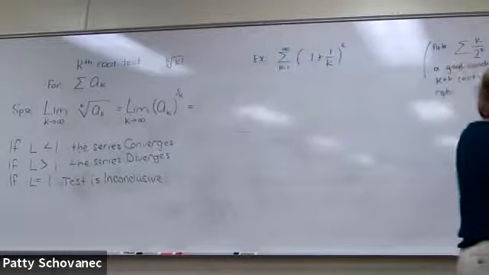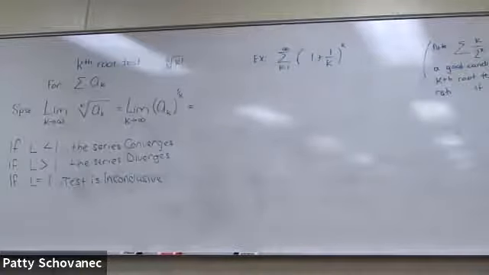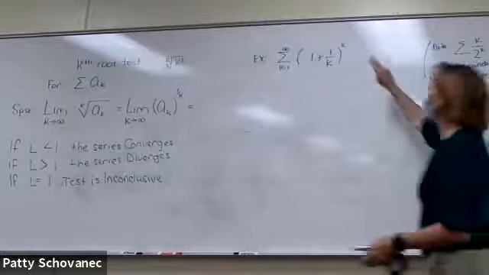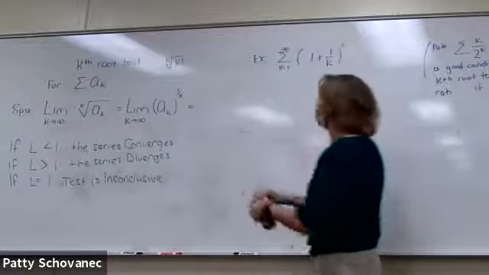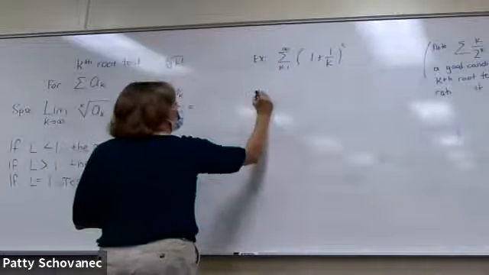You just get a 1 as your limit, so what does the kth root test say? I don't know. That's all it says. I don't know. Limit's 1, right? The kth root of that gives us that. The limit of that is a 1. So the kth root test is inconclusive.